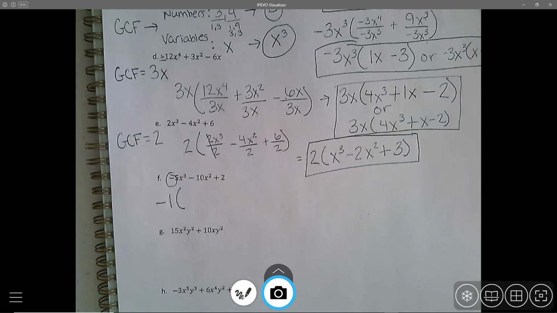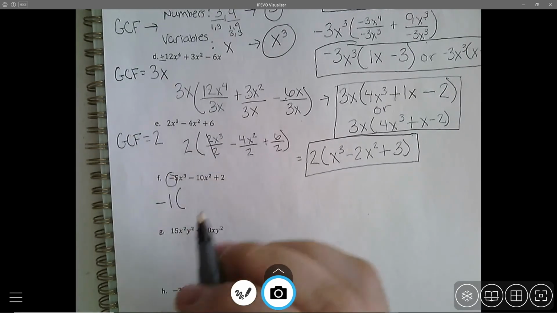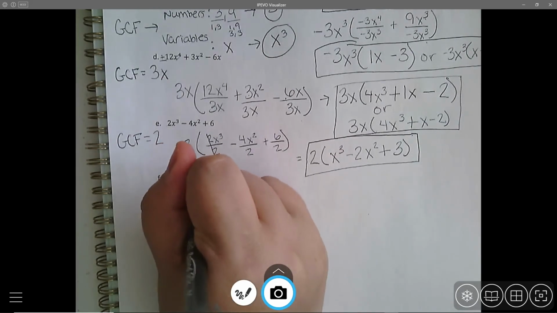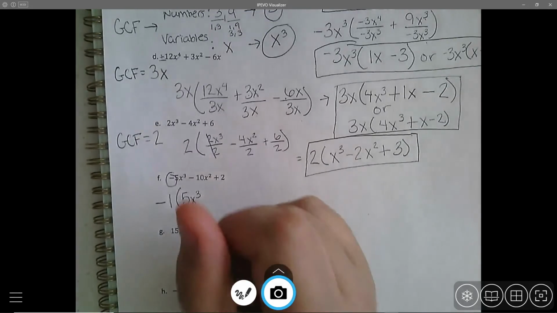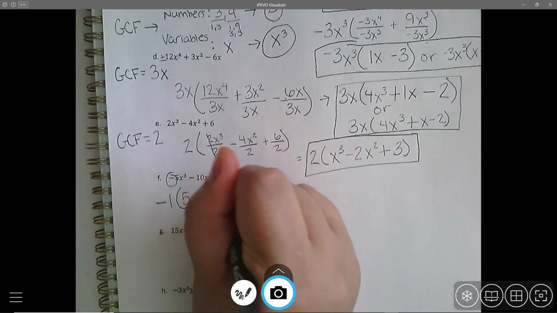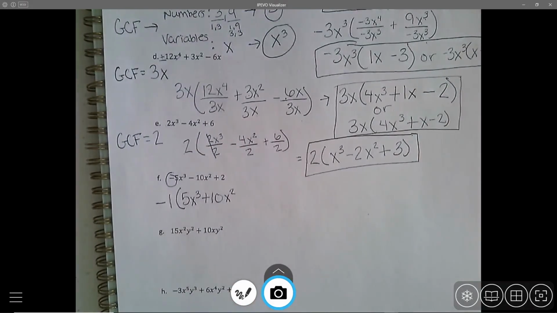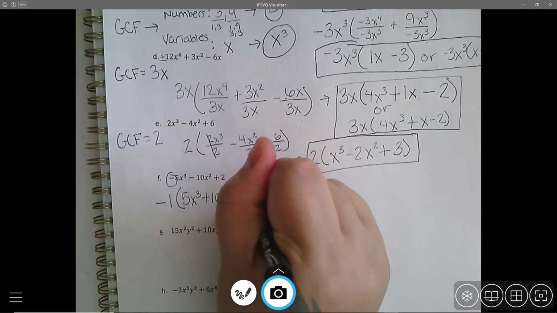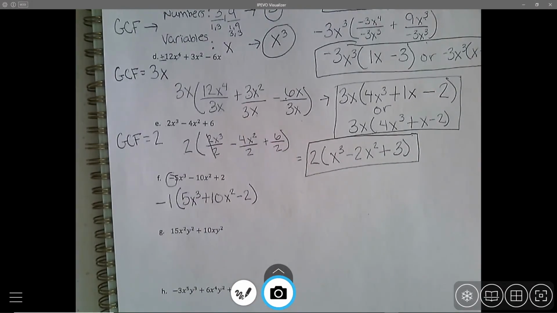When taking out a negative 1, or dividing out a negative 1, all it does is change the sign of everything in your original problem. So instead of this being a negative 5x cubed, it's a positive 5x cubed. It's now also a positive 10x squared because it was negative to begin with. And then it's a negative 2 because you switch the sign.